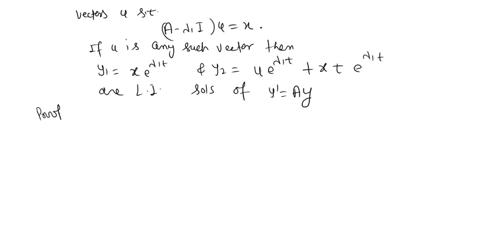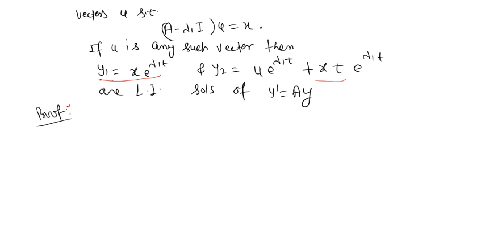You have already studied in second order equations that if you have repeated roots of the auxiliary equation, then you multiply with t. But here you need to multiply with x times t. The result is not the same. And y1 is as usual, as we have studied before.